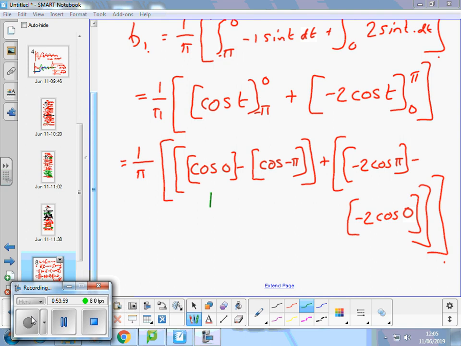Cosine of minus pi. Minus 2 times the cosine of pi.